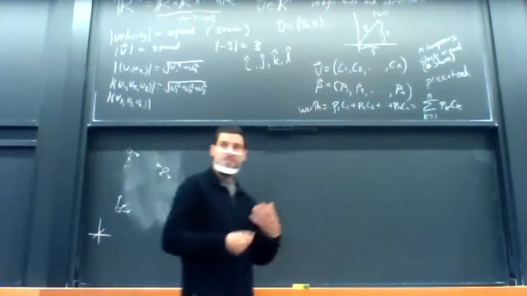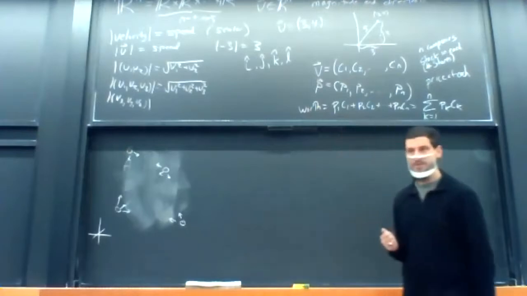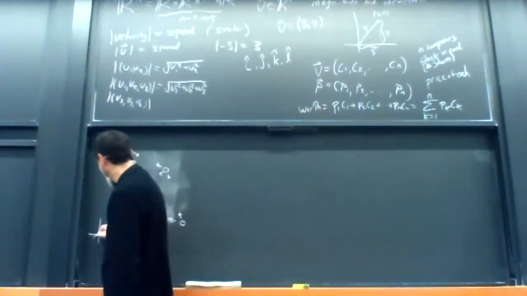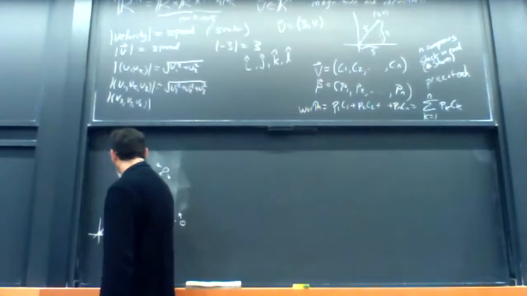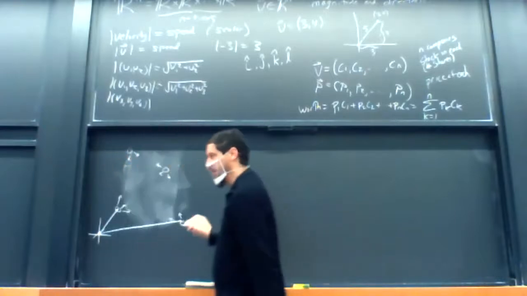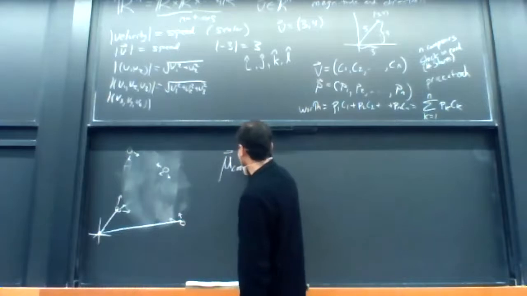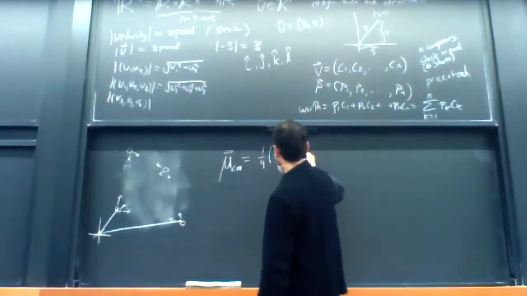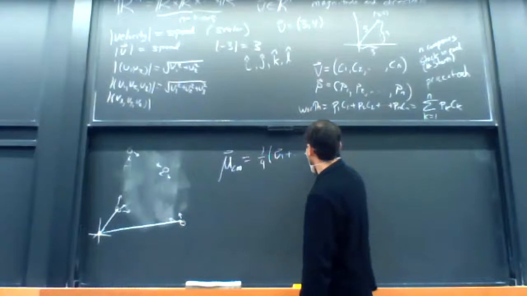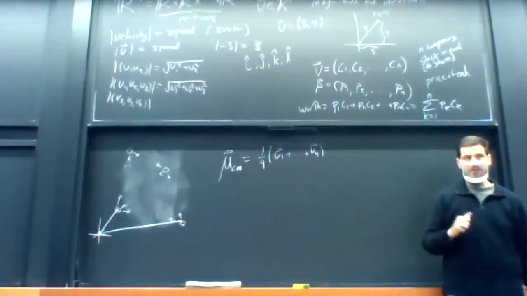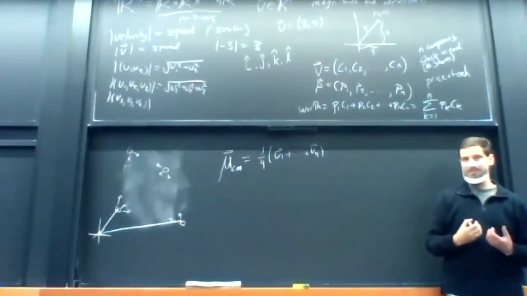And in certain situations, the center of mass is conserved. And so what I can do is for each one of these is I can draw a vector from the origin to my point, and so on. And so I could do the center of mass vector would just be 1/4 V1 plus V4. Just calculate something like this.